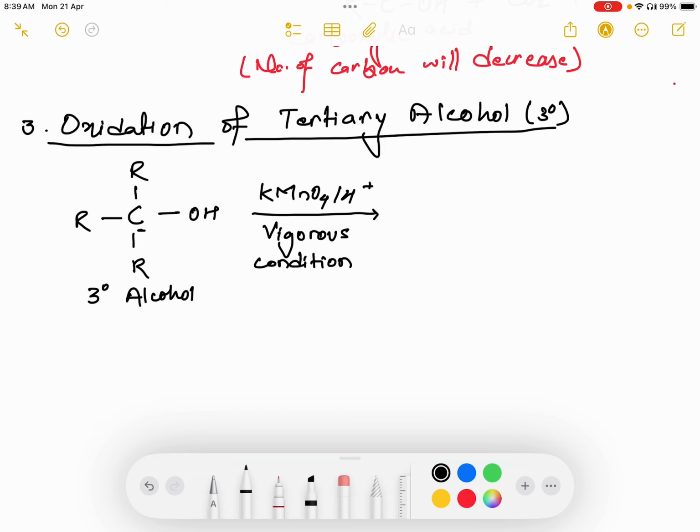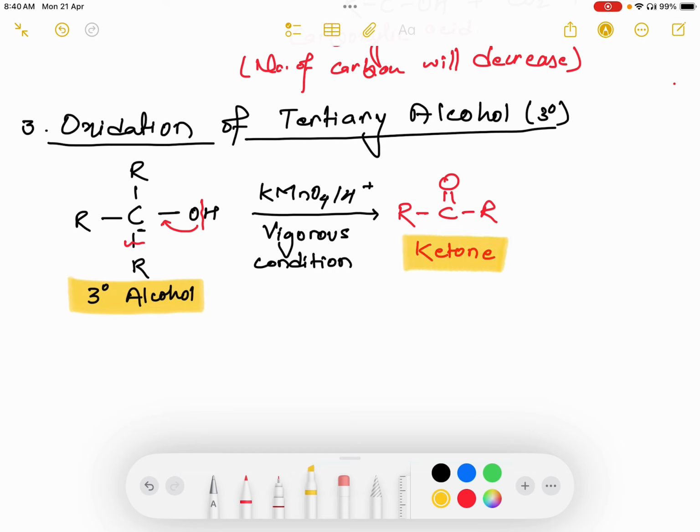What will basically happen is this bond will break and this bond will break and this one will transform right over here to give our C double bond O R. That means it is going to give you ketone. 3-degree alcohol has also transformed into ketone.